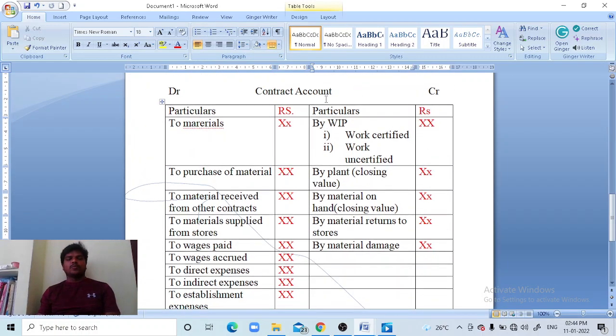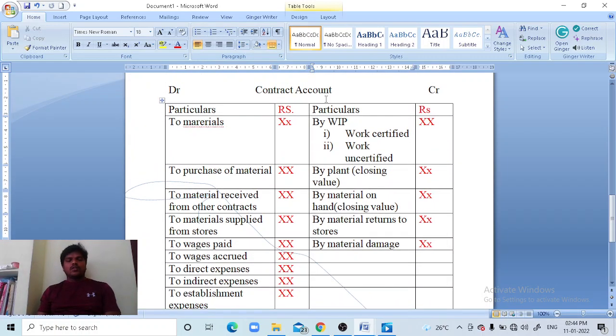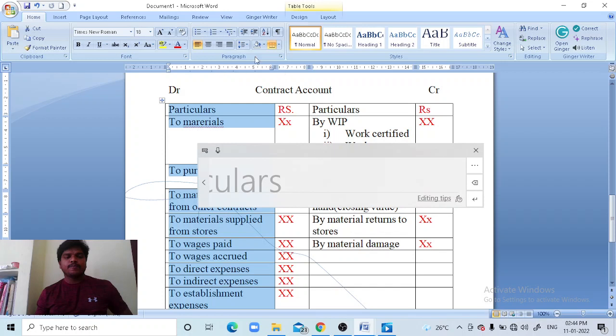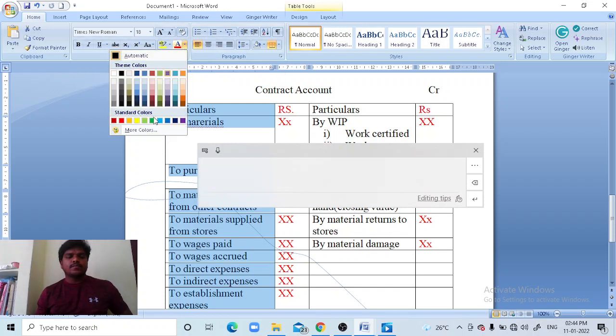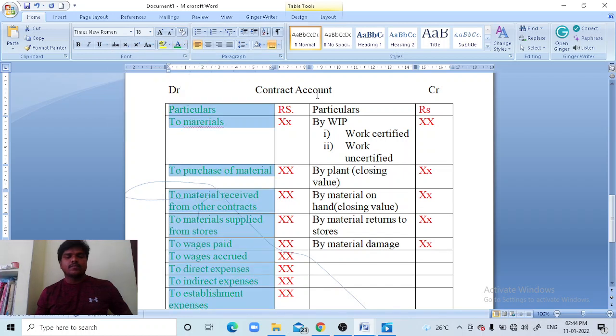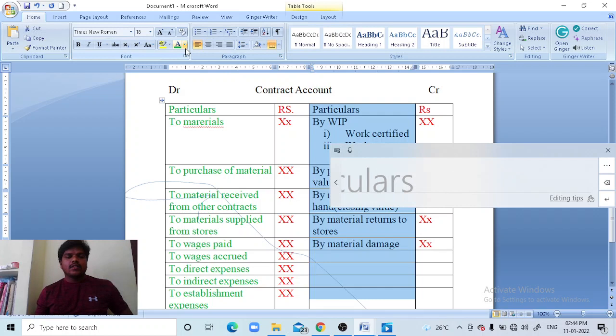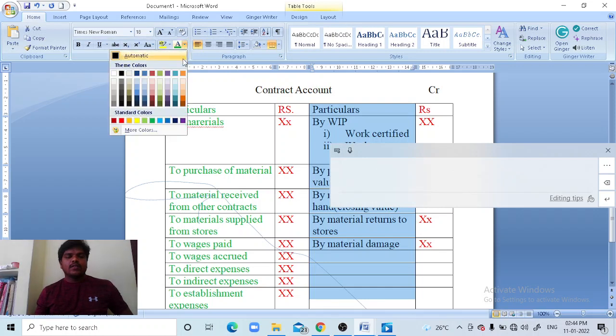Listen here. It is the debit particulars, and these are the credit values.